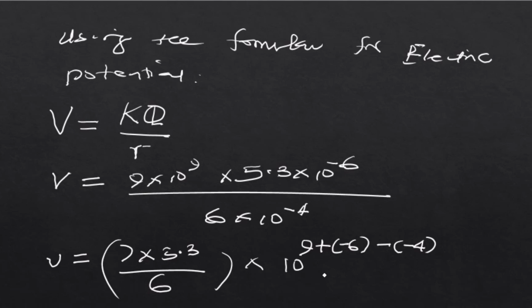So with this, if you put them together correctly, you are supposed to have V equal to 7.95 times 10 raised to the power of 7 V. This automatically becomes the answer.